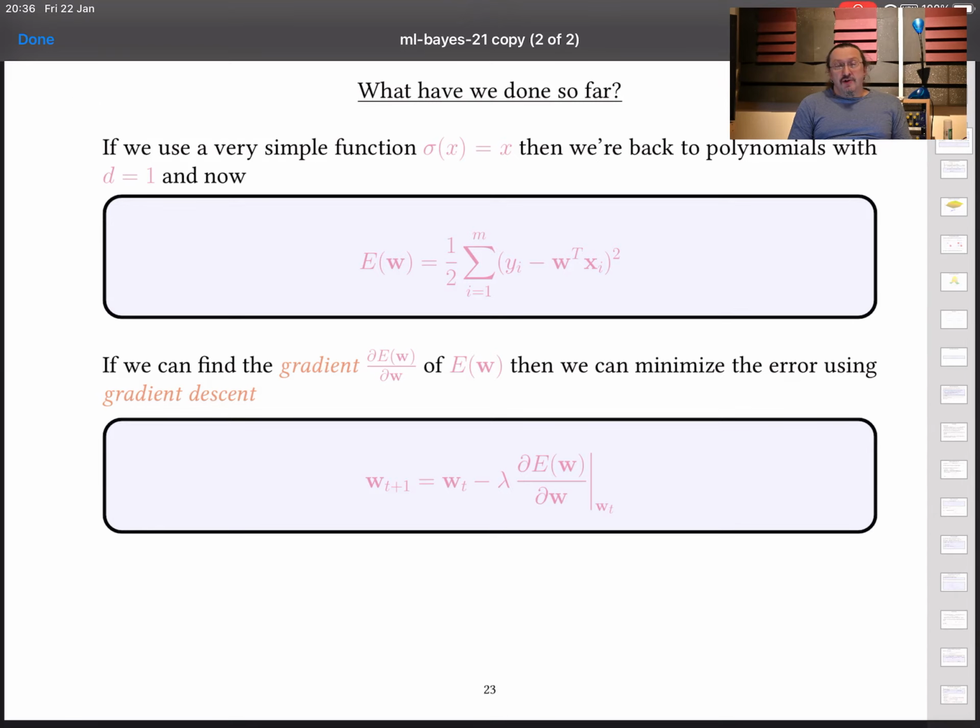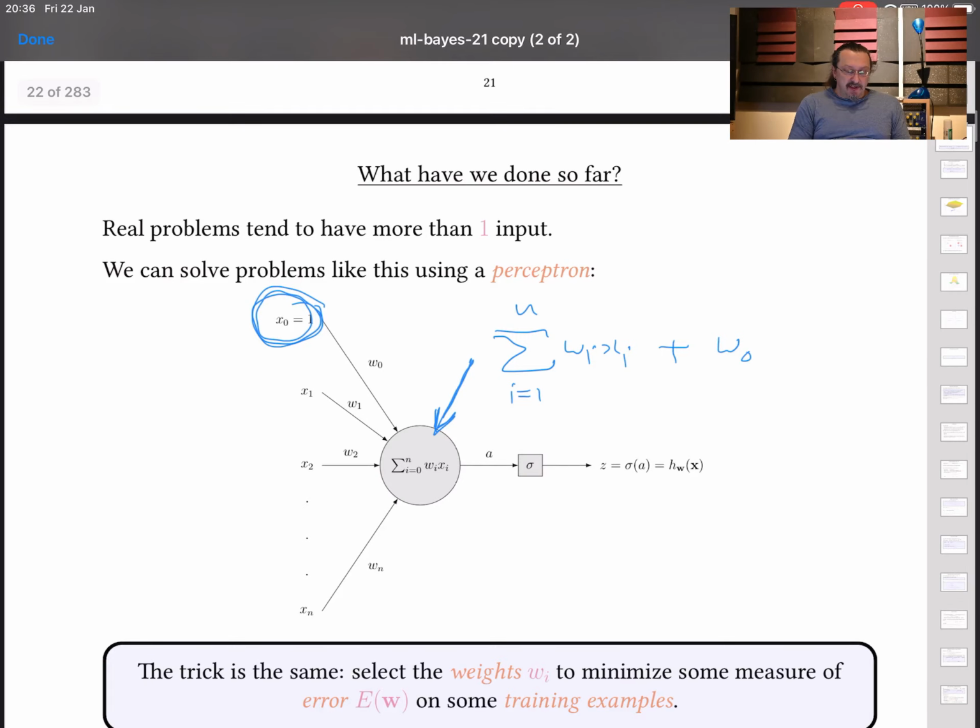Now, the actual training algorithm that I talked about last year is something that we're going to move away from for most of this particular course, although it's an approach that's very important, and it was gradient descent. If I take my perceptron and I say, well, this guy here is generally called the activation function.